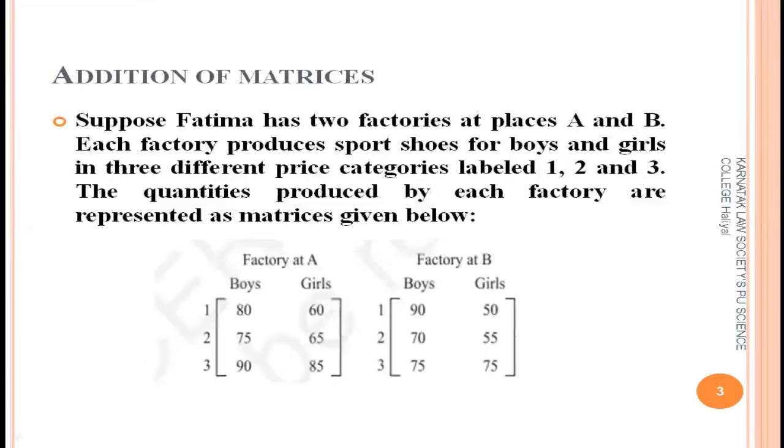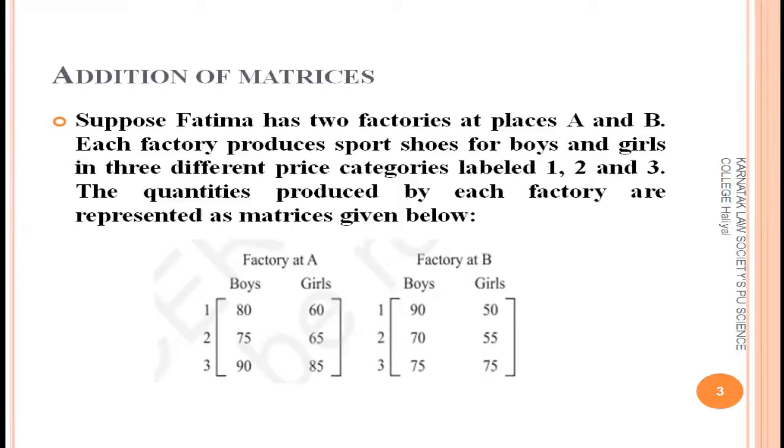That is, the factory A has 3 rows and 2 columns. The factory B also has 3 rows and 2 columns. Both the orders are same here. Here also 3 by 2 matrix and here also 3 by 2 matrix. Both the orders are same.